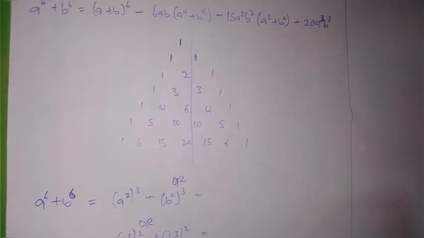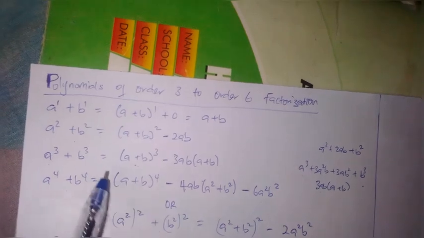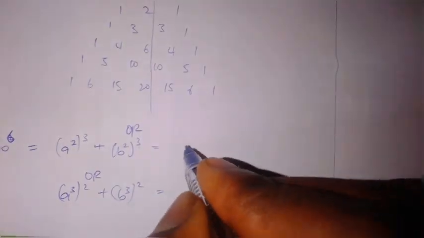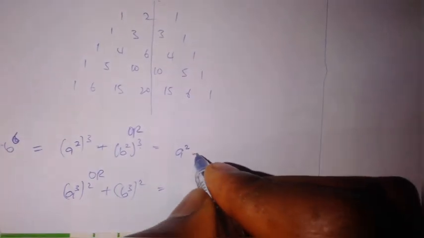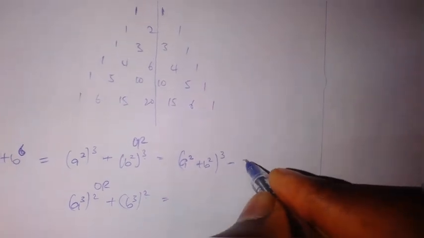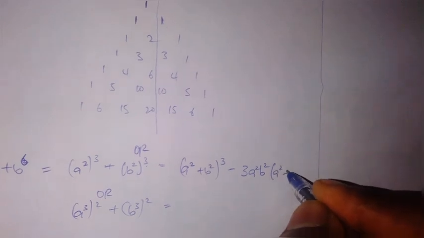Then I will now express in terms of power 3 and power 2 for these cases. So let me just quickly do that. Now this becomes a raised to power 2 plus b raised to power 2, all raised to power 3, minus 3 a raised to power 2 b raised to power 2 into a raised to power 2 plus b raised to power 2.